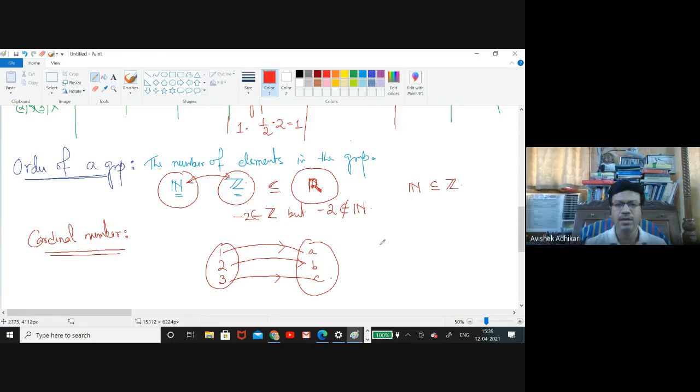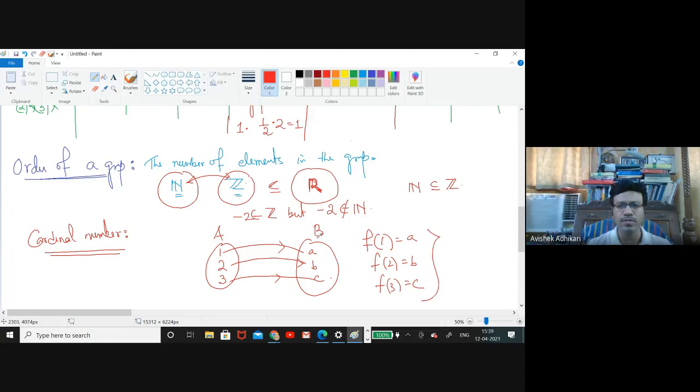Then you can understand that this is a bijective function from set A to B. So f(1) = A, f(2) = B, f(3) = C. That means it's a bijective mapping. We can say that this f is both an injective as well as a surjective mapping.